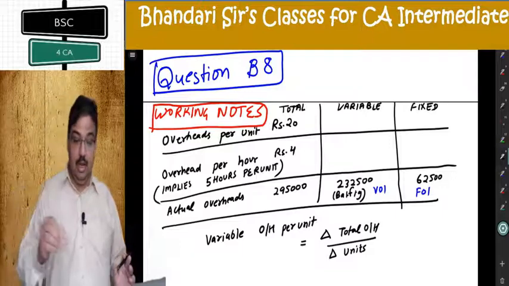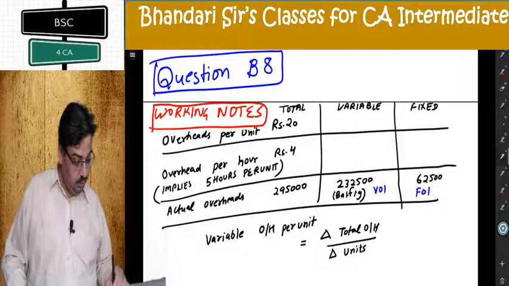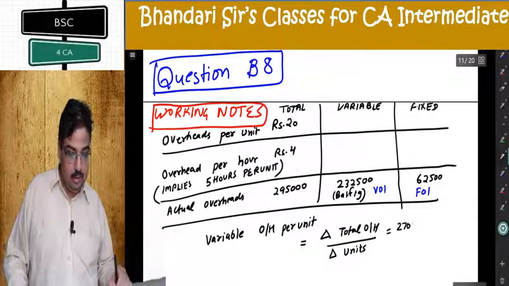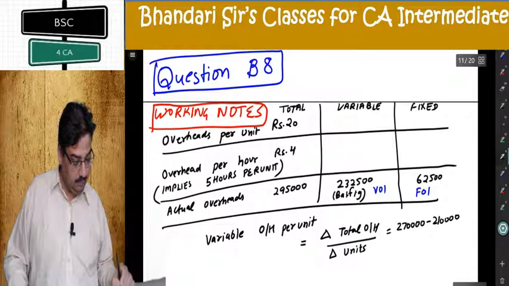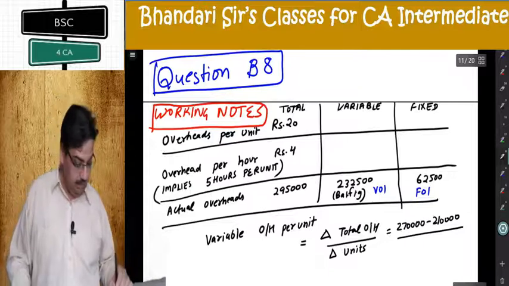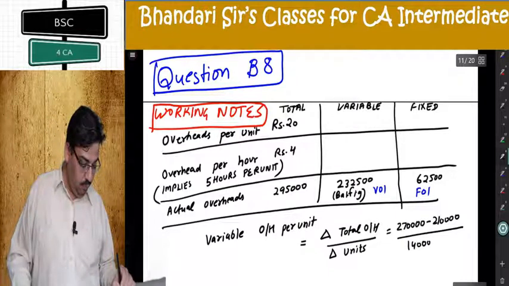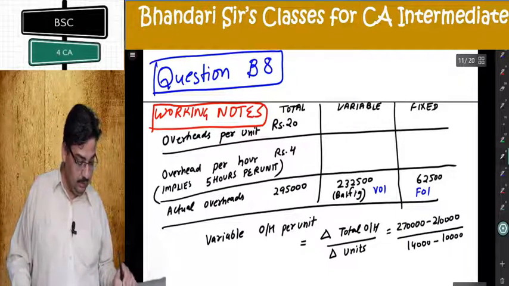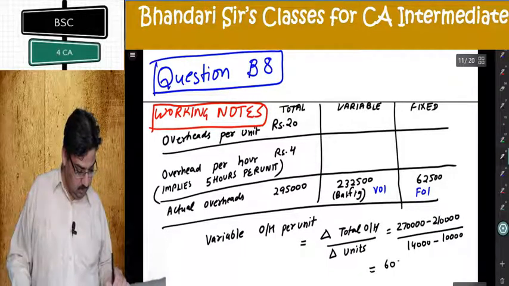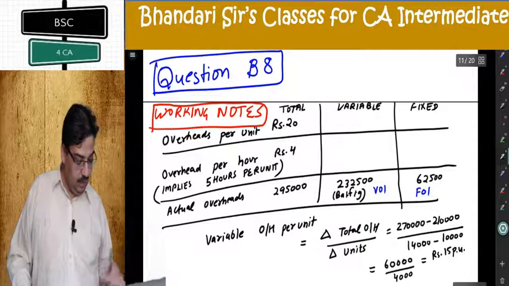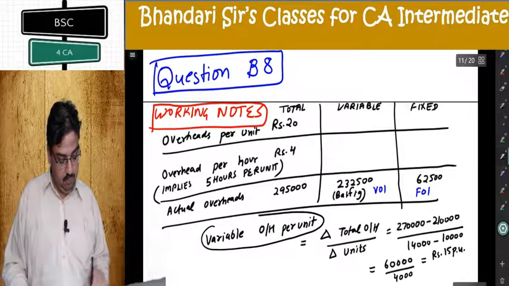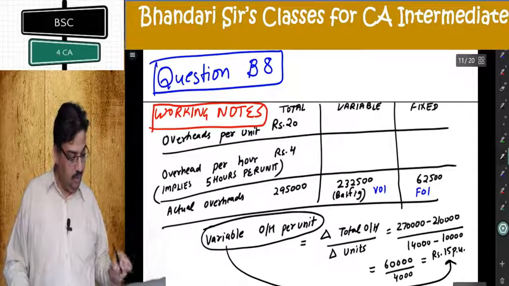So this is 2,70,000 minus 2,10,000, divided by 14,000 minus 10,000. 60,000 divided by 4,000, 15 per unit. This variable overhead per unit is 15.